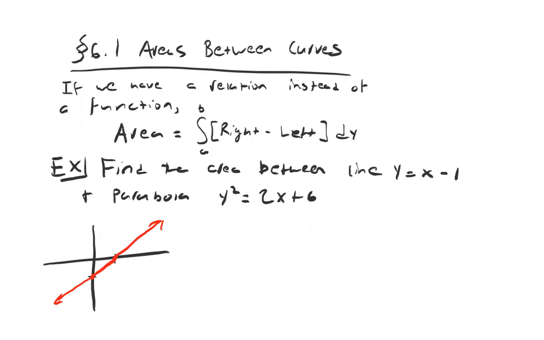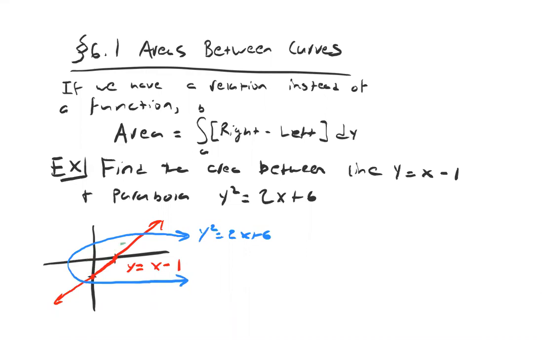I'm not great at drawing. And then the parabola looks like this. This one here is y squared is equal to 2x plus 6, and this one here is y is equal to x minus 1. And I'm interested in this area here.